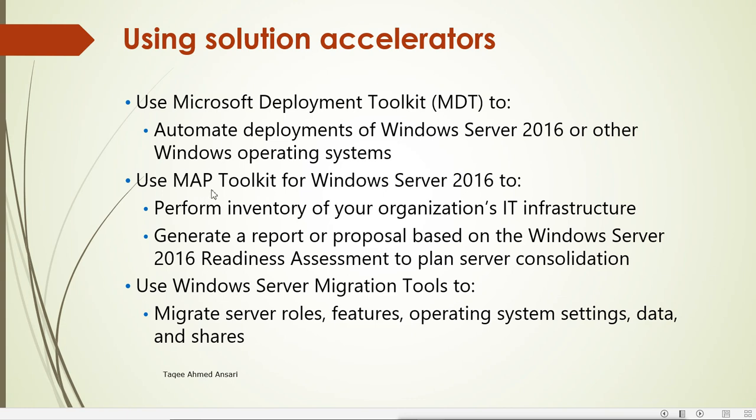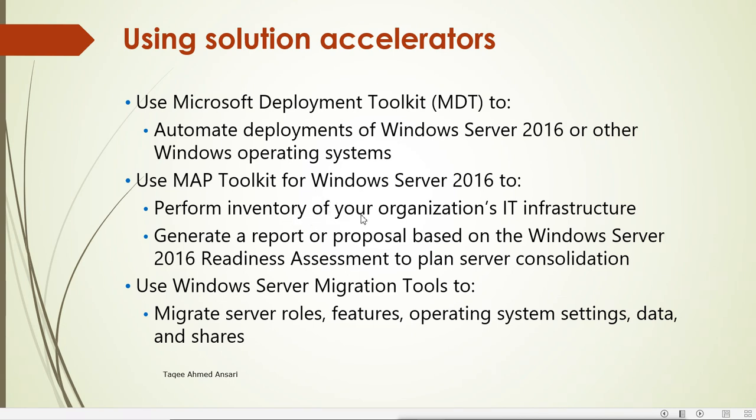Then we can use the MAP, the Microsoft Assessment and Planning Toolkit, for Windows Server 2016. This is used to perform the inventory of your organization's IT infrastructure and generate a report or proposal based on the Windows Server 2016 readiness assessment to plan server consolidation. This MAP tool allows you to check whether your organization's infrastructure is ready to upgrade to Windows Server 2016 or not.